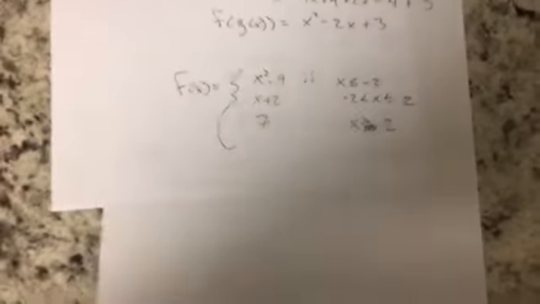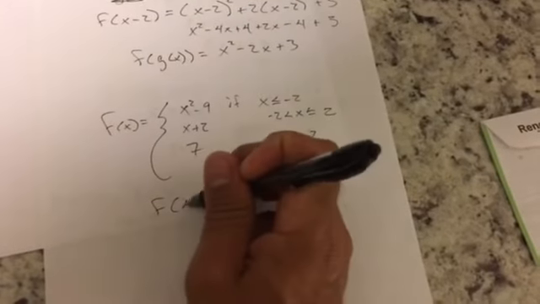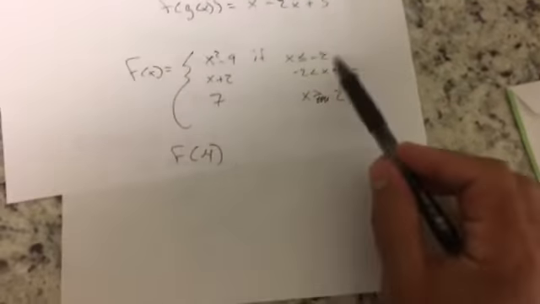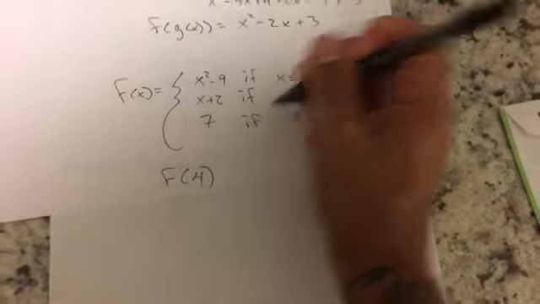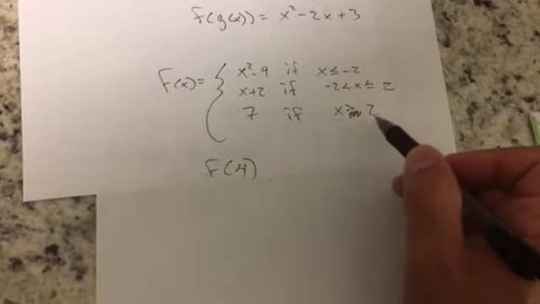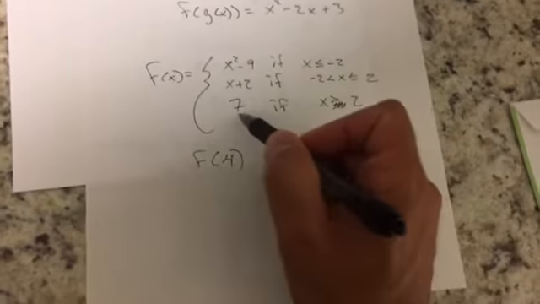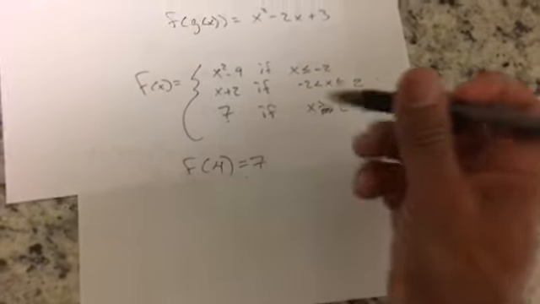So I have a piecewise function like this, whoops, sorry, and it tells me f of 4. I have to look at the ifs and see where x is 4. X is 4 here because 4 is greater than 2. So I go to the rule, and the rule says anything greater than 2 always equals 7.